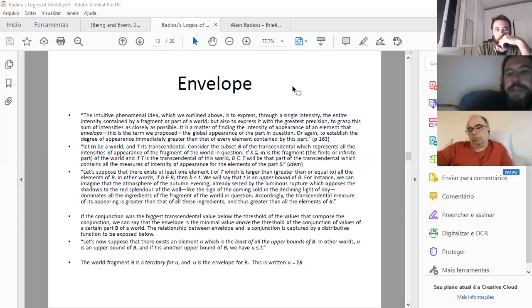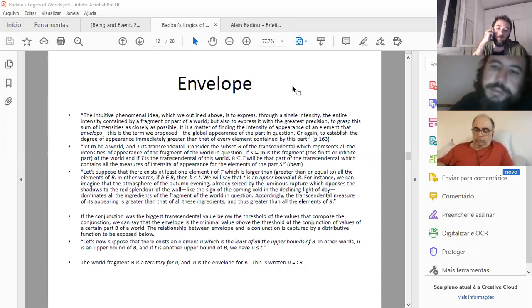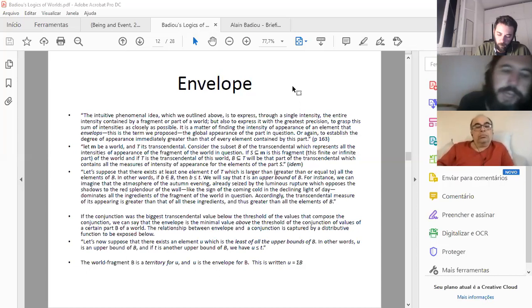It's non-appearing, so it receives the minimum degree. So he wants to be able to assign a degree to a multiple that ontologically might be there, but is not appearing in a world, or is appearing with a minimum. This is why I think the minimum is important.